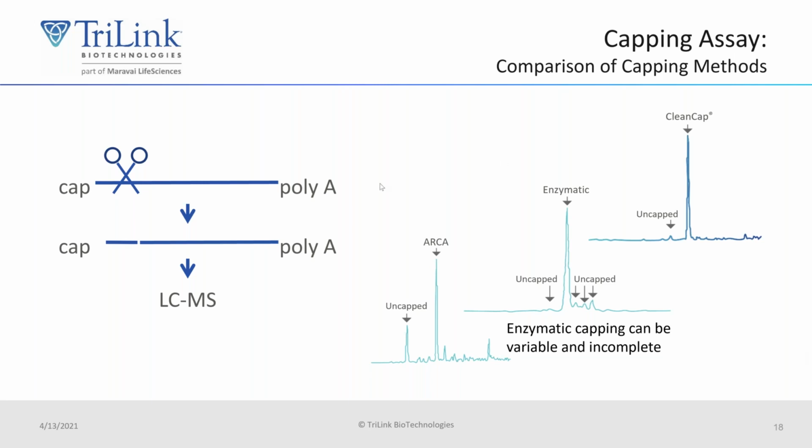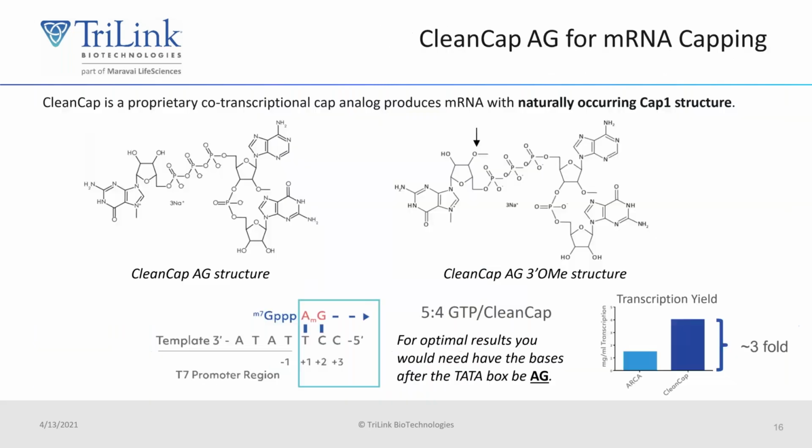Yeah, so for CleanCap, I'm going to jump over to this slide here. Since it is a trimer, it has a tendency to anneal to the transcription start site. You can see the AG shown in red here can hybridize to the TC start there and form the transcription bubble with the T7 RNA polymerase.